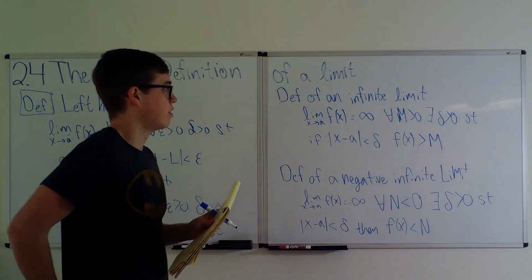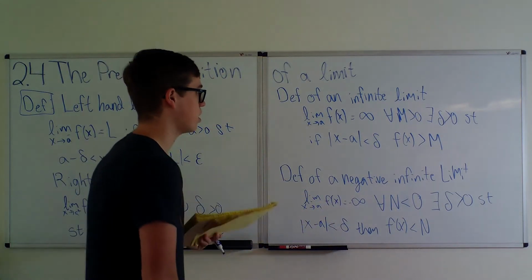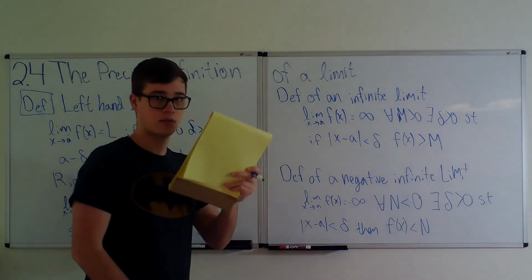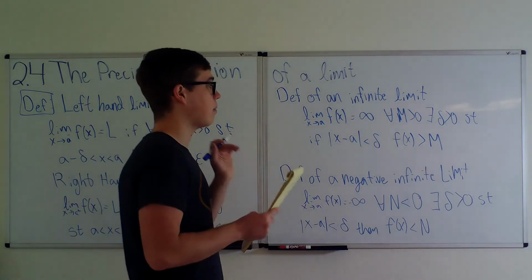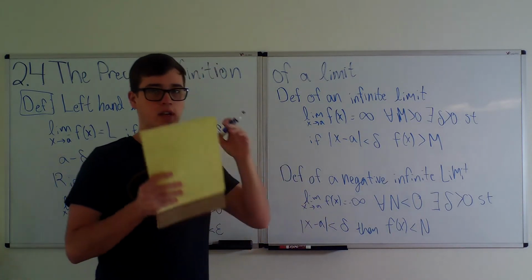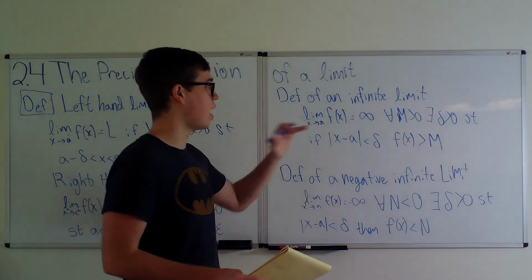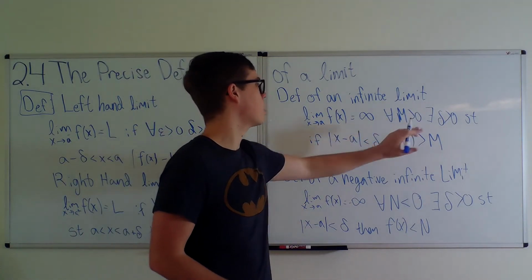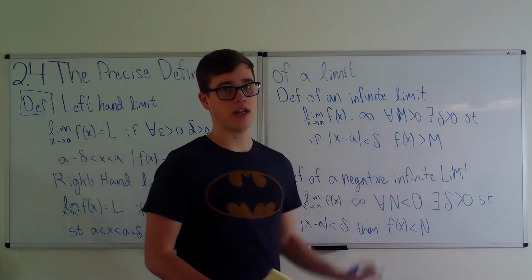So pretty much what it's saying is the same thing as the beginning. X minus a has to be less than delta, and that implies that f of x is going to be huge. M is some large number, and f of x is always greater than m.